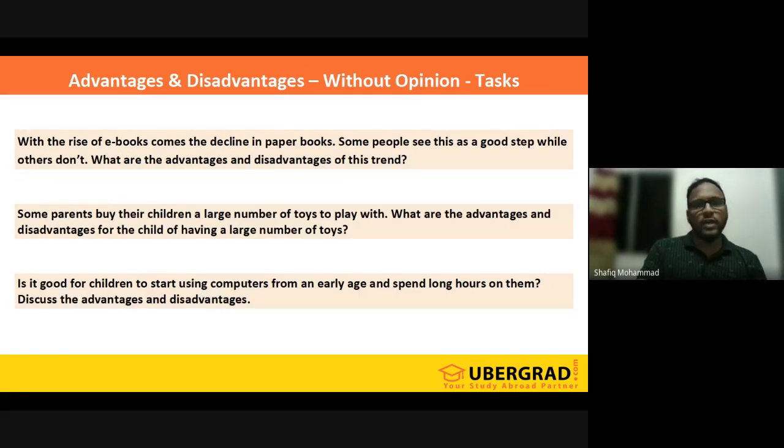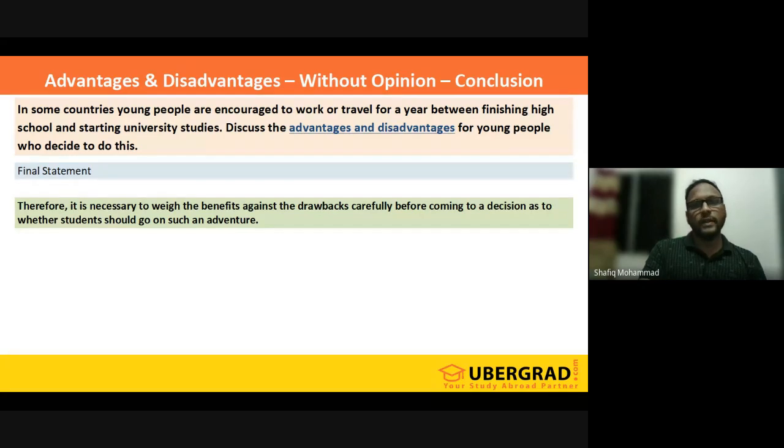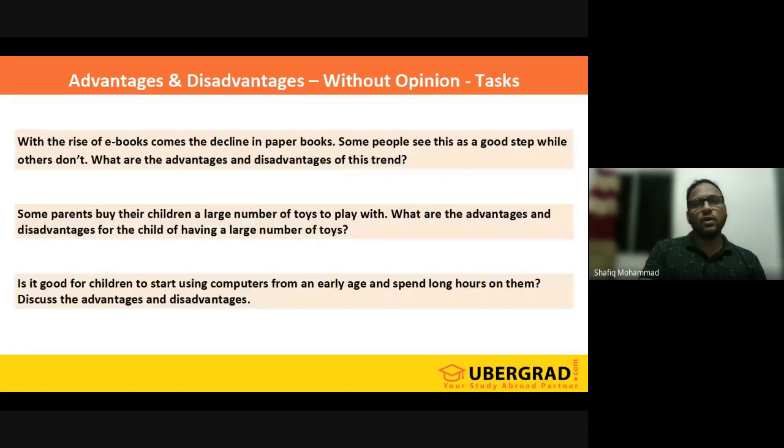So there are some more questions, with opinion and without opinion tasks. For example, here: with the rise of ebooks comes the decline of paper books. Some people see this as a good step while others don't. What are the advantages and disadvantages of this trend?